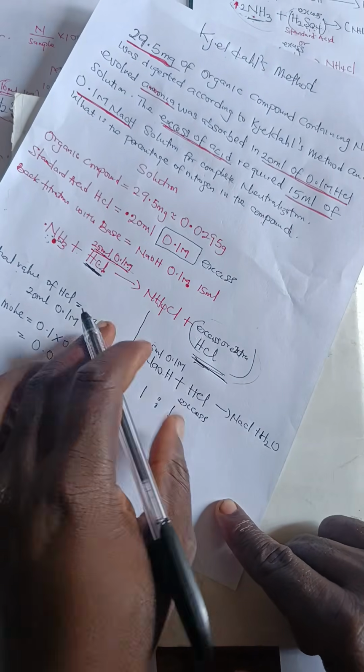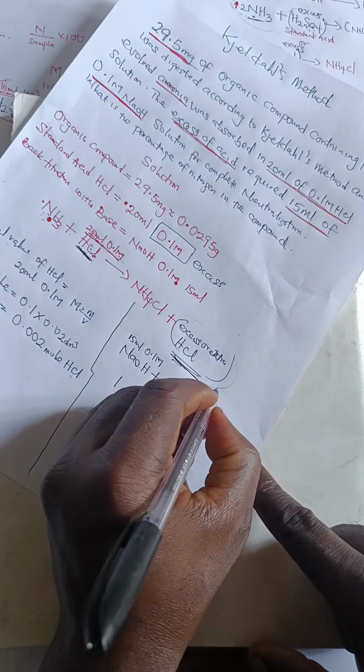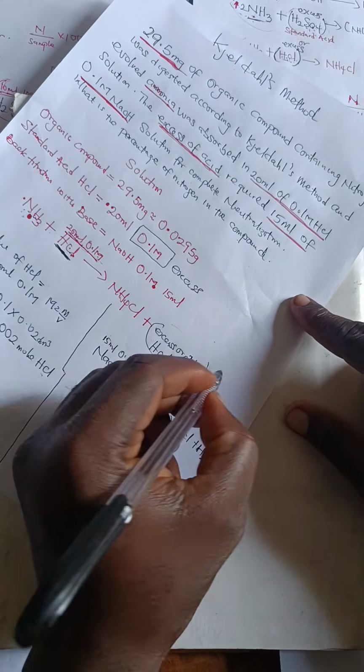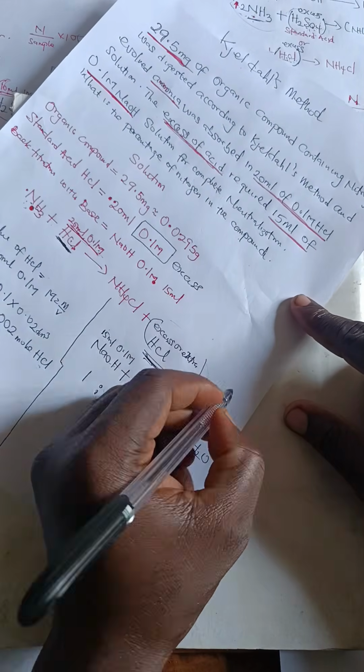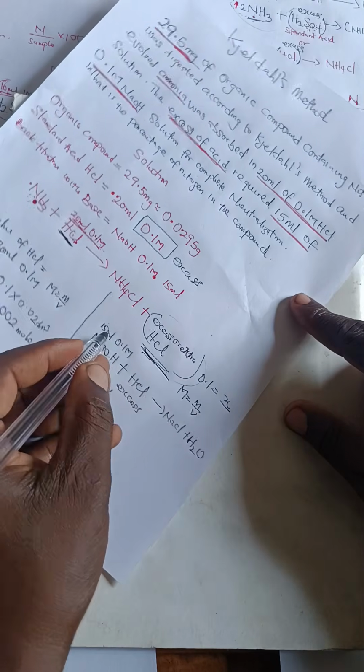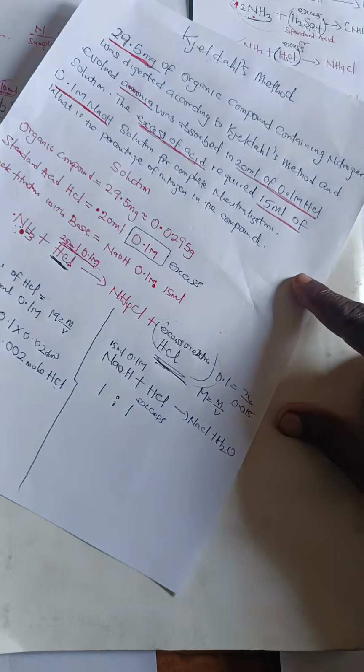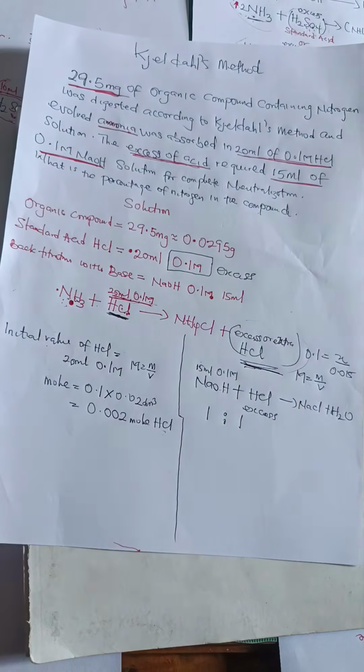I can convert this statement because molarity equals mole over volume. So our molarity is 0.1 equals x mole over the volume here, which is 15, that will be 0.015. I think we are following. 0.015.